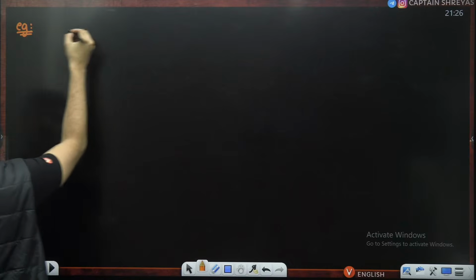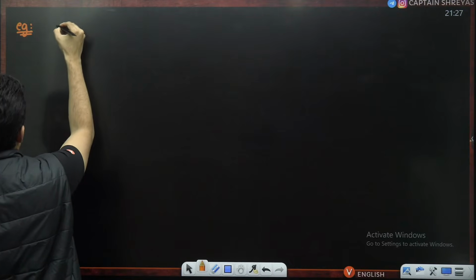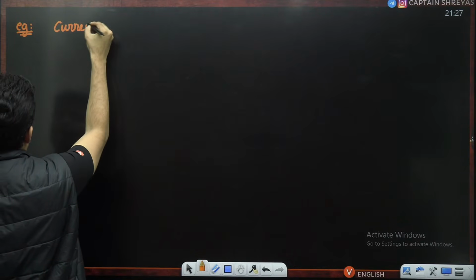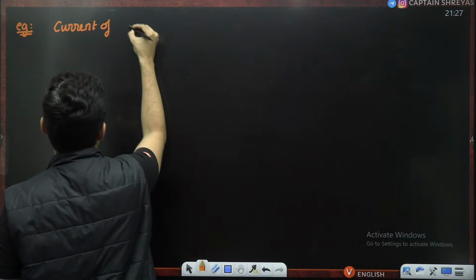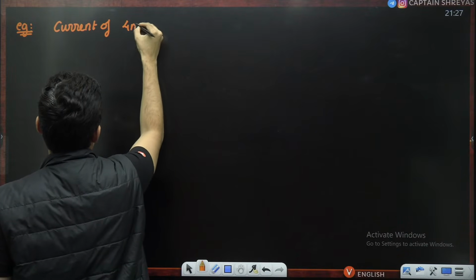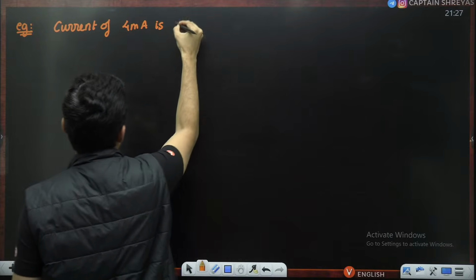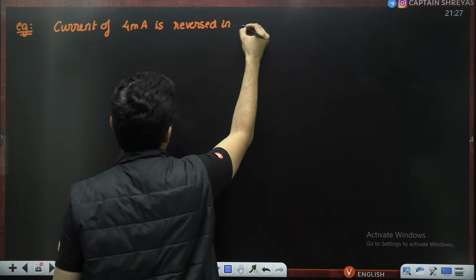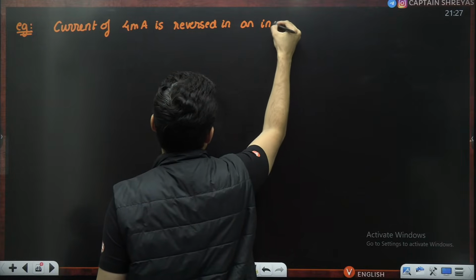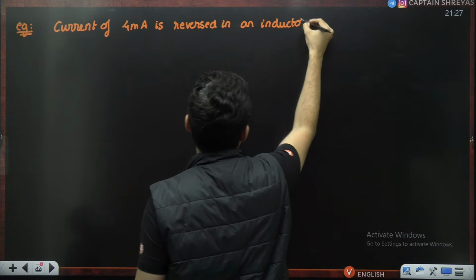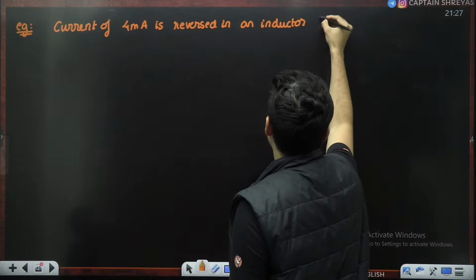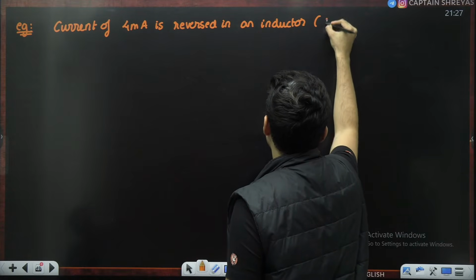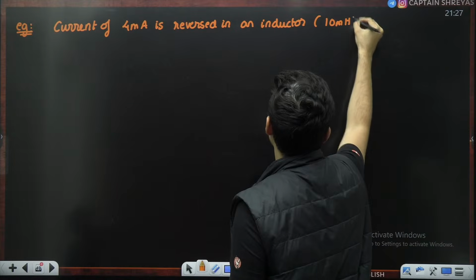Imagine the question says, a current of 4 milliamperes is reversed in an inductor of 10 millihenry.